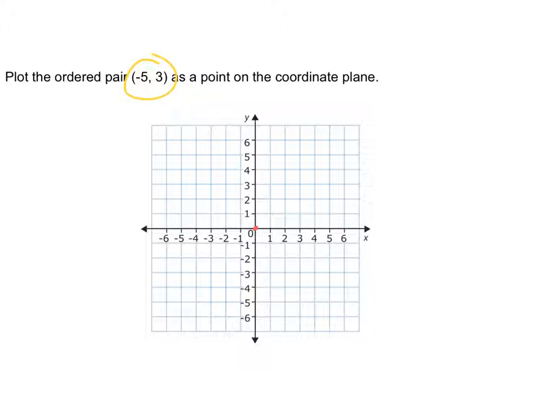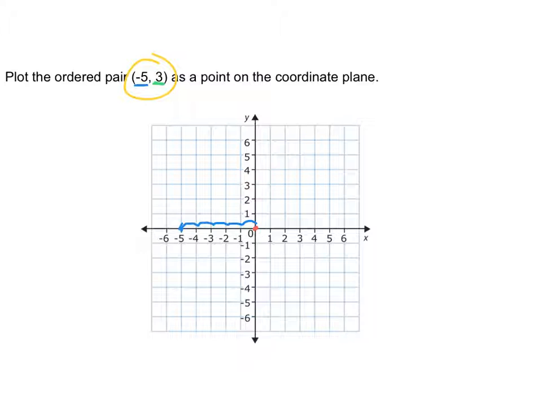We are going to plot the ordered pair (-5, 3) as a point on the coordinate plane. As always, we've got our red dot on the origin. That's where we start. The first thing we do is go -5. Negative tells us to go left: 1, 2, 3, 4, 5. Now we're right over here.